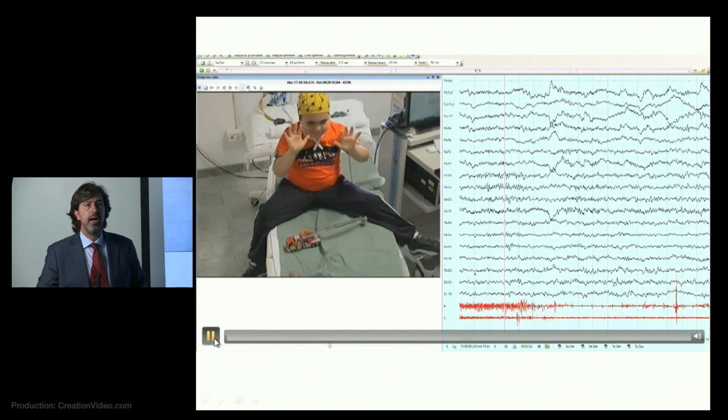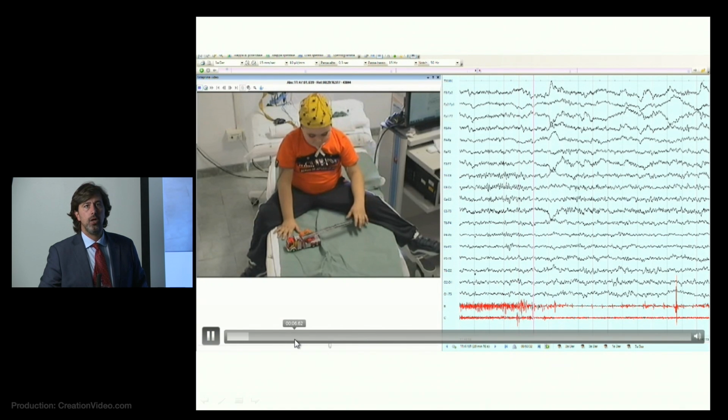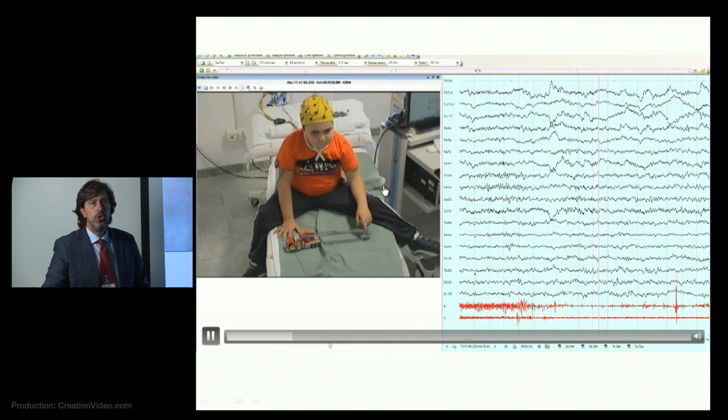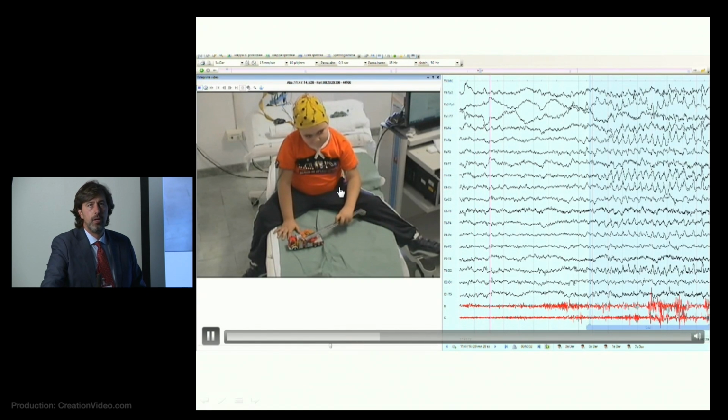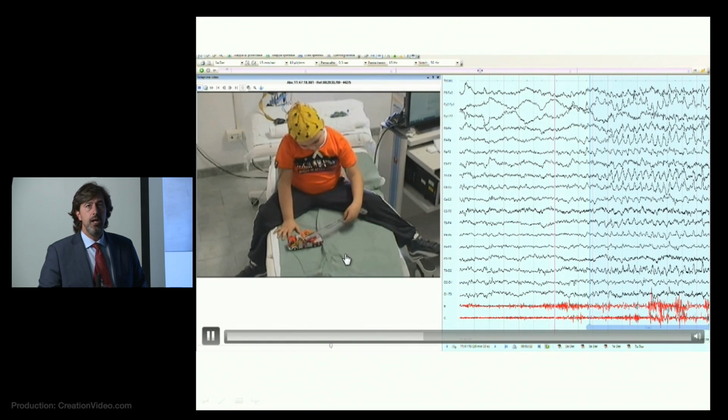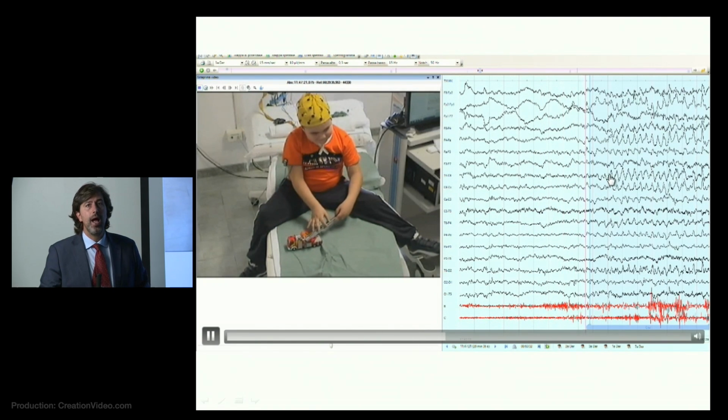Okay, this is another patient, with again a typical seizure, but I just wanted to show you his appearance. He also has precocious puberty and a moderate grade of obesity. And here you have another thing that was not seen before.